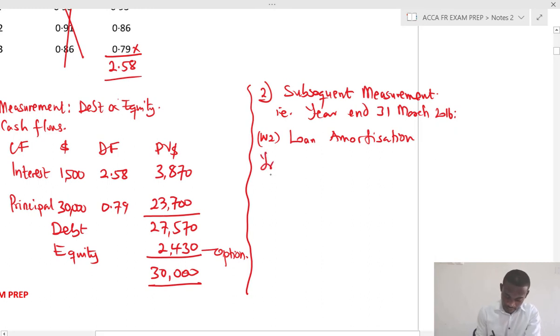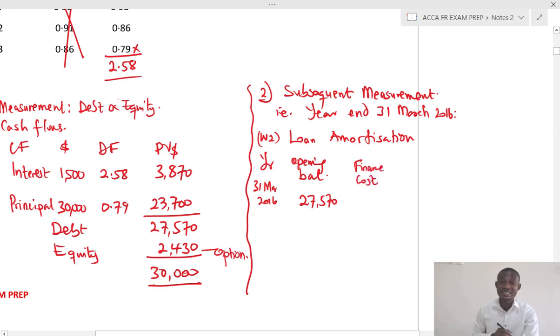So here, it is the year end 31st March 2016. We are doing it only for the first year. So the opening balance, which is the figure we had from here, is 27,570. Then we have the finance cost, which is the effective interest, based on 8%. And we have the actual interest paid, which is 5% of the coupon, and that we know is 1,500.